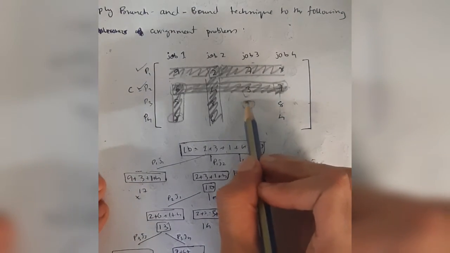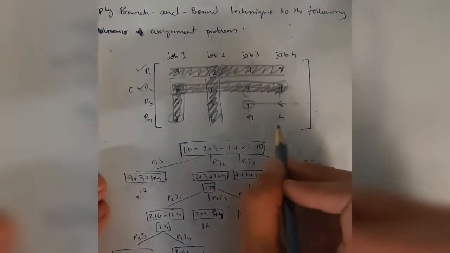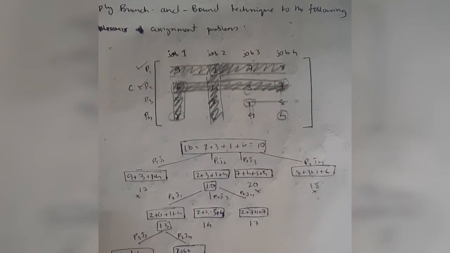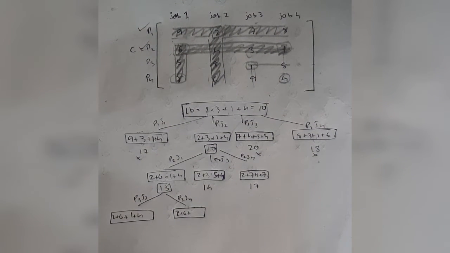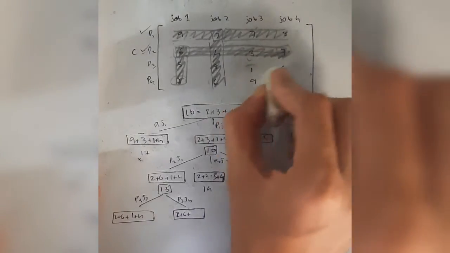If I select 1 here, the row and the column will be eliminated and we will be remaining with 4. So 1 plus 4. And the next one is selecting 8.